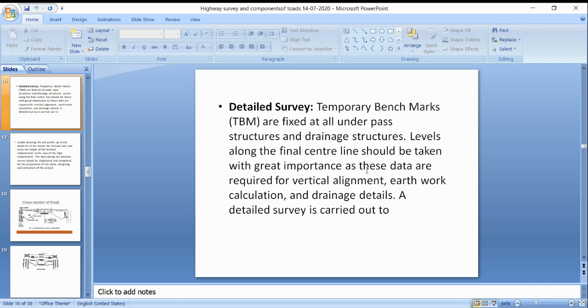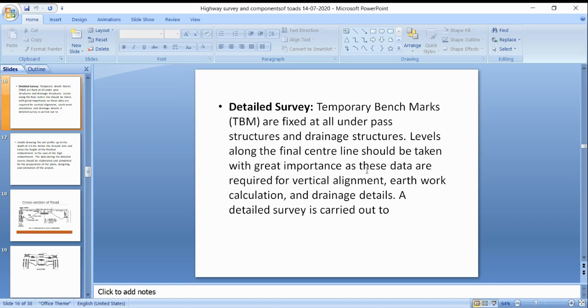The main objective of the reconnaissance survey is to study the feasibility or practicality of the proposed route. So we are seeing the estimation part, the feasibility of the route which is going to be proposed.